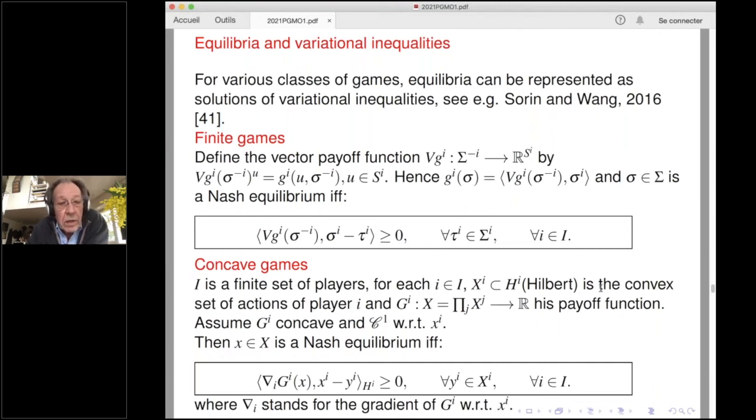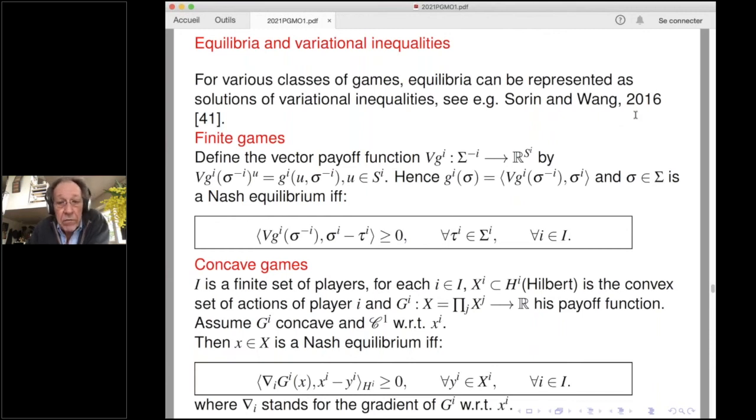So the examples are finite games. In finite games, you can define the vector payoff function by looking only at the payoff induced by the strategy of your opponent, indexed by your own moves. So given the strategy of your opponent, you look at the vector if you play your first strategy, second strategy, and so on. This is called the vector payoff function for player I, V_g^i.